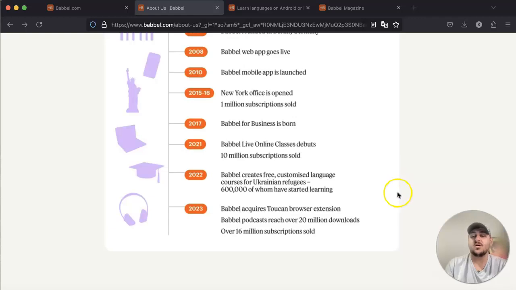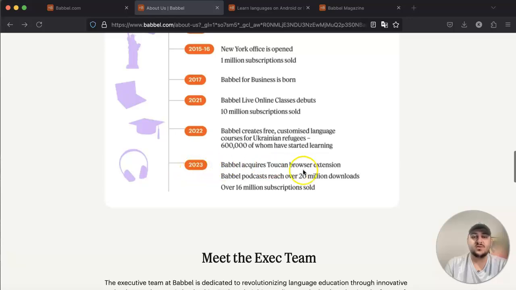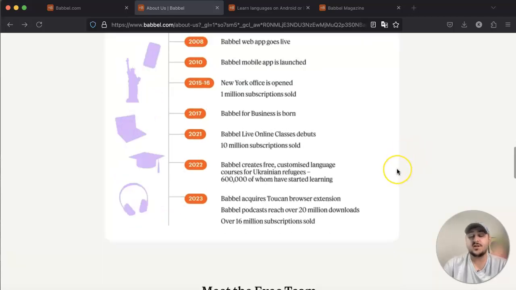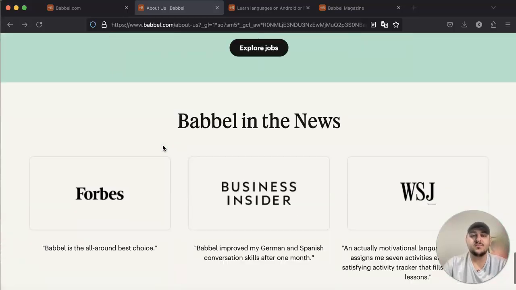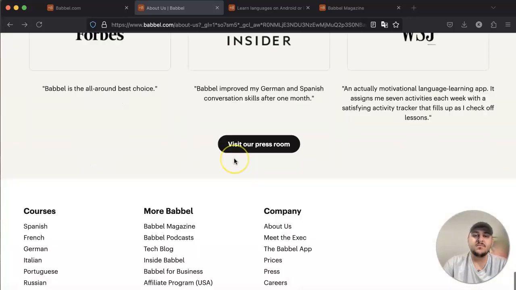So it does have a community outreach for those in need. And then, of course, here we got 2023. It acquires a Toucan browser extension. So it has grown as an app over the last, bad at math here, about 18 years. Yeah. So it has won awards. Offices in New York and Germany, Berlin.